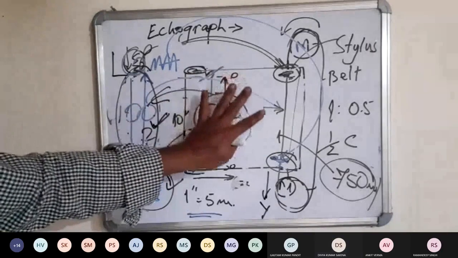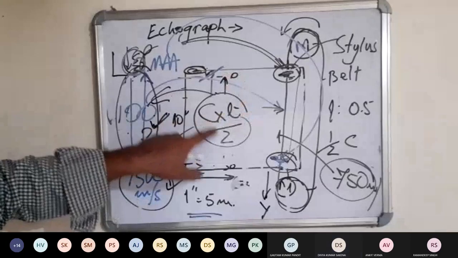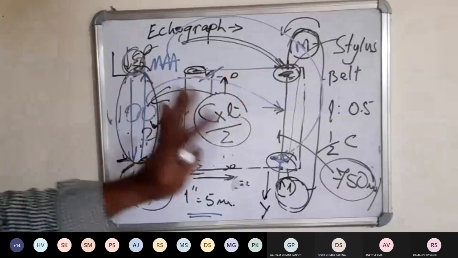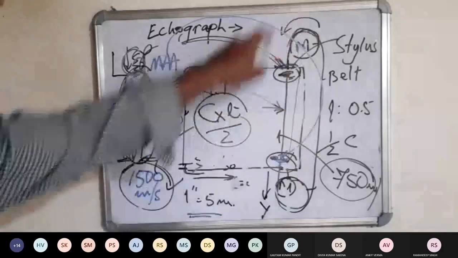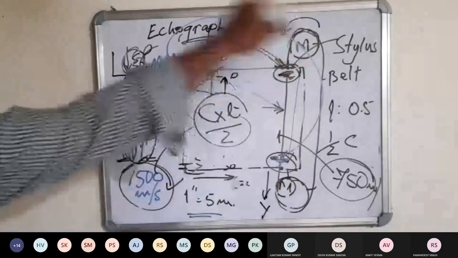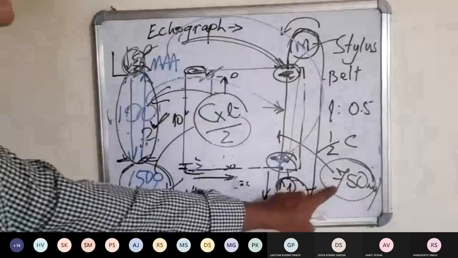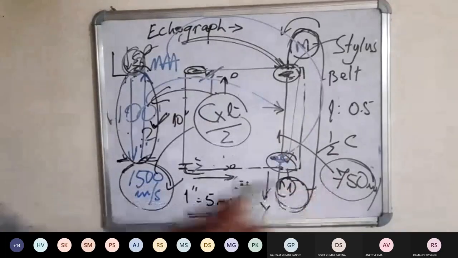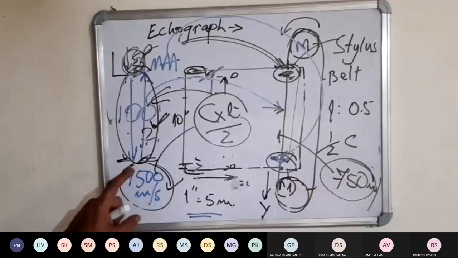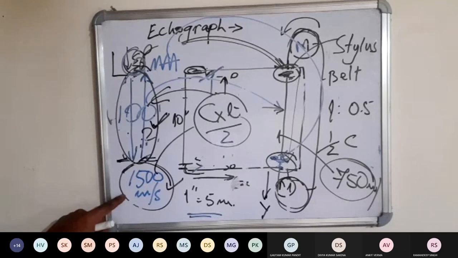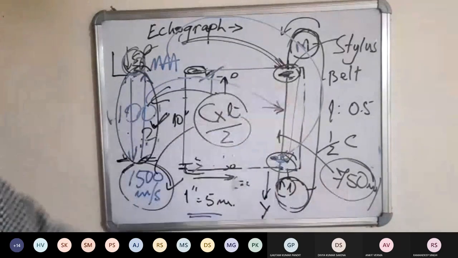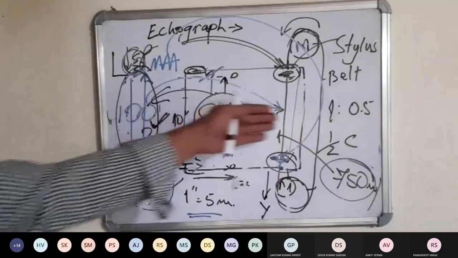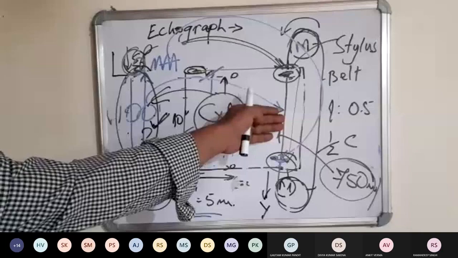So that principle, C into T by 2, is not a calculator. It is just managed by synchronizing the speed of the stylus, which is rotated at half the speed of the acoustic wave through water. Through the water, 1500 meters per second, the stylus moves at 750 meters per second, such that when it travels 100 meters, it will travel 50 meters on scale.